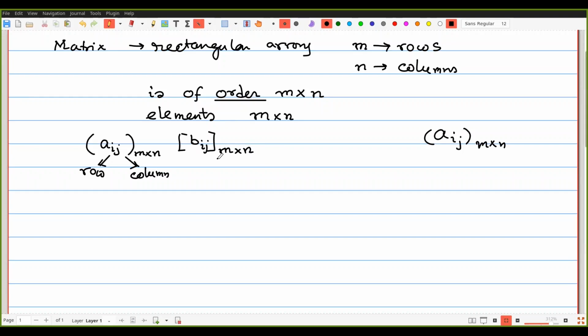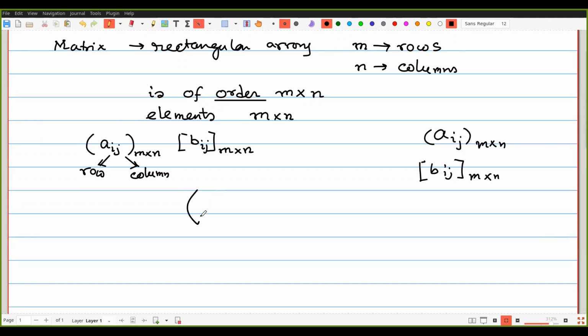That is the short form of a matrix representation. Or we can write according to the rectangular array, that means A11, A12, A13 in that way using parentheses and brackets.